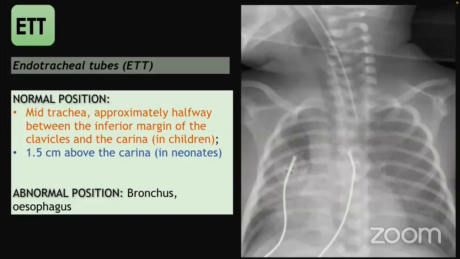Okay, this is the next one. We can see here the endotracheal tube is located in the esophagus. And this is a diagram for this. The trachea and the bronchi are lined by the yellow color.